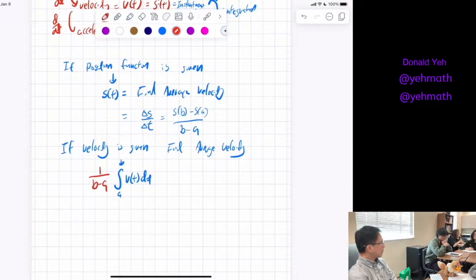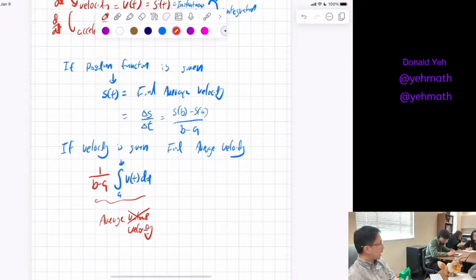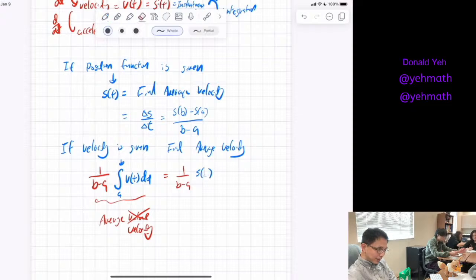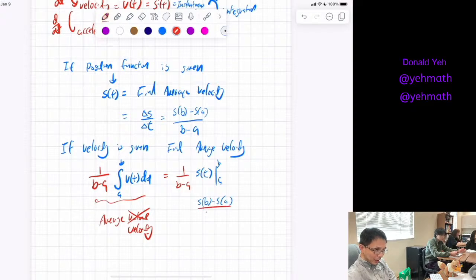Good. Does that remind you of something? What is this called? Average value. Right? Or in this case, it's average velocity. Because if you think about it, if I just do 1 over B minus A, and I just integrate V of t between A and B, that's going to be S of t with an upper bound B and lower bound A, so that will be S of B minus S of A over B minus A, which is also known as an average velocity.